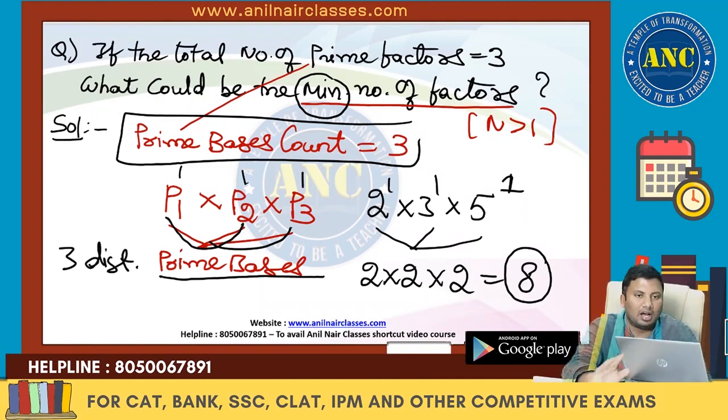Because it is minimum, the lowest prime bases are 2, 3 and 5. The number of factors for this number is 0 to 1, 2, 0 to 1, 2, 0 to 1, 2. Right? I hope it is clear. 2 into 2 into 2 is 8.